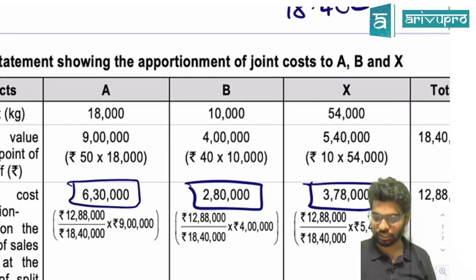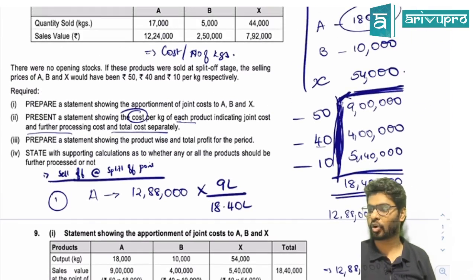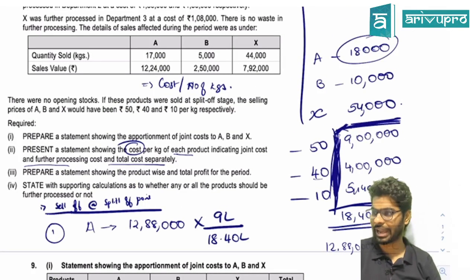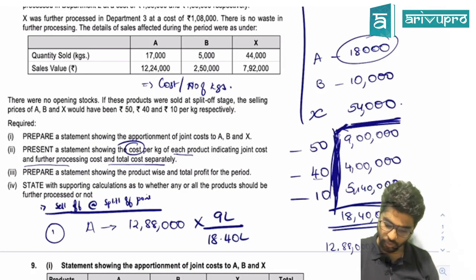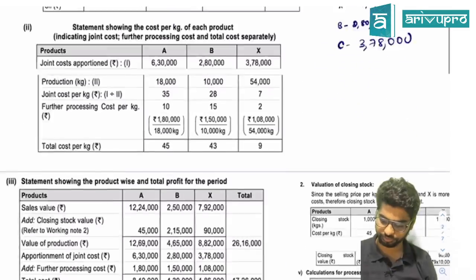Now, what I need to do is, I'll try finding out, is there any further cost which is to be incurred for A, B and X. A you require 180, B you require 150 and C you require 104.